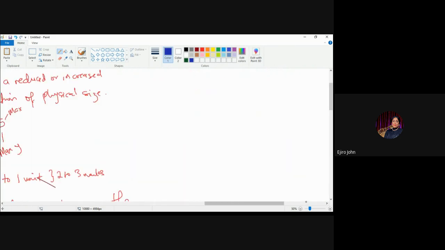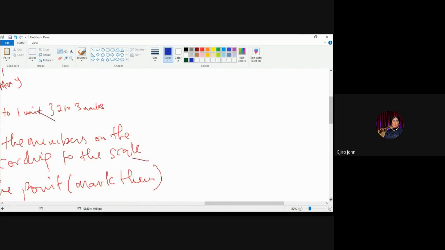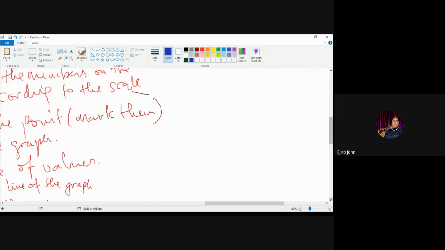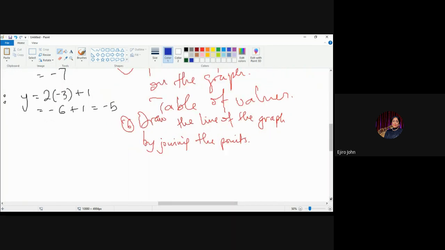I'm just going to add the last step, which is step 7: find the slope of the line.